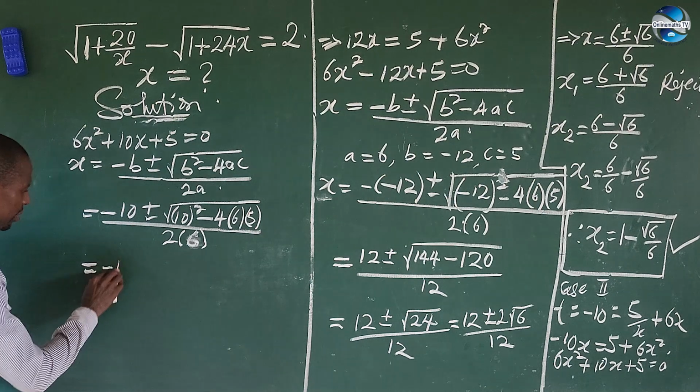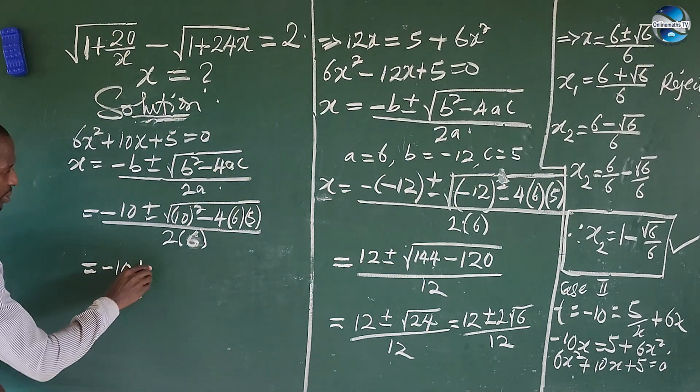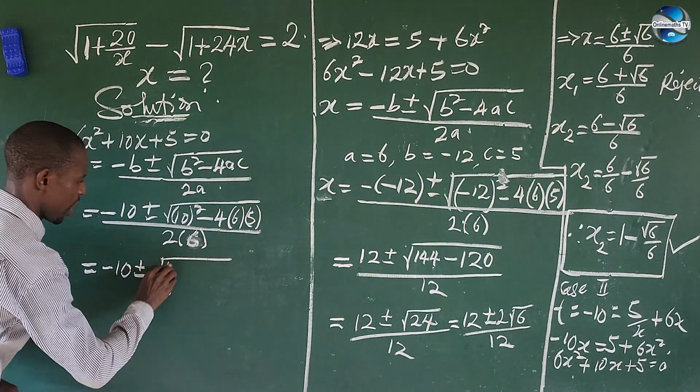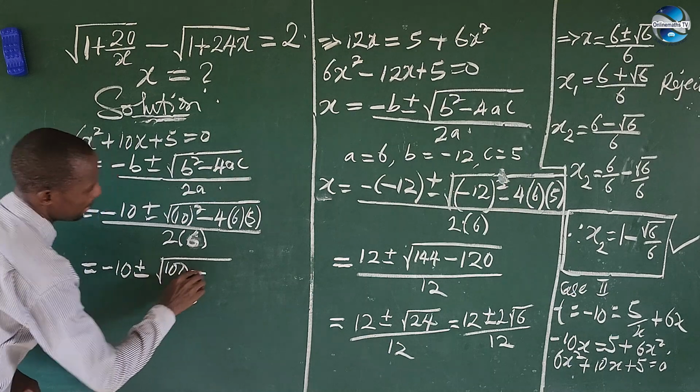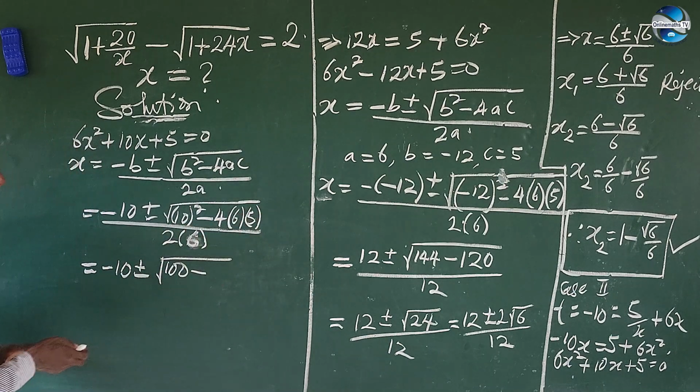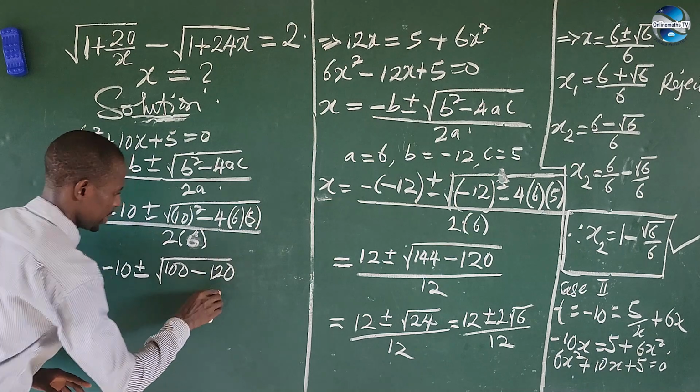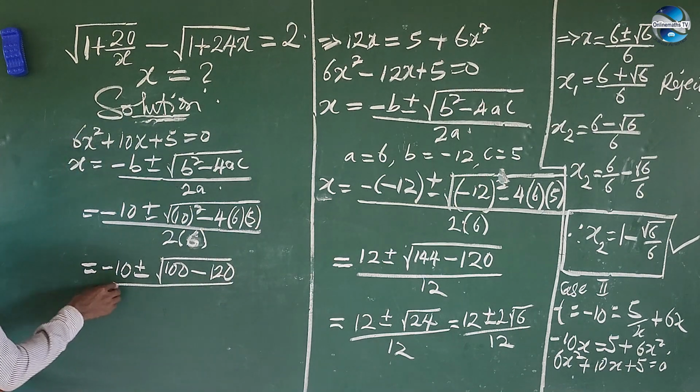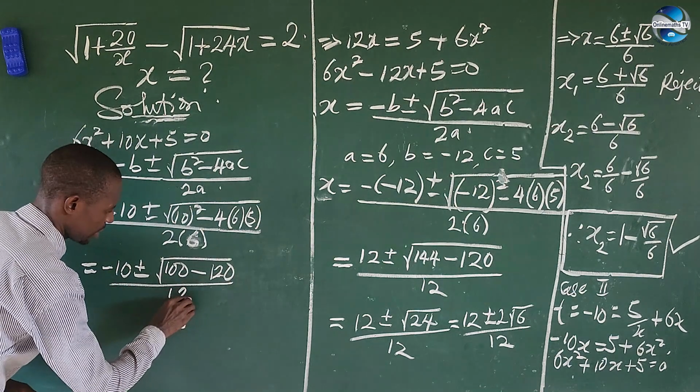Here we have minus 10 plus or minus the square root of 100 minus 120, all over 12.